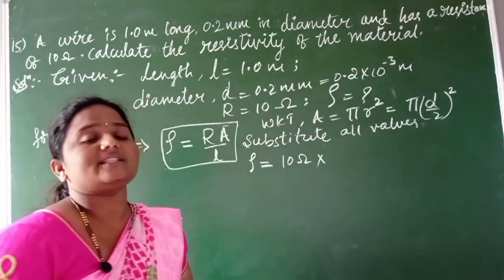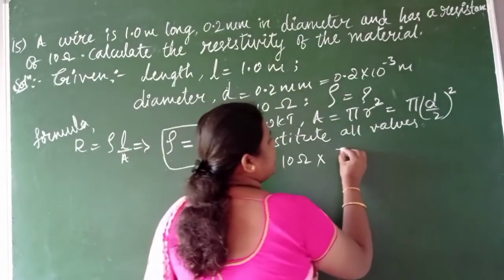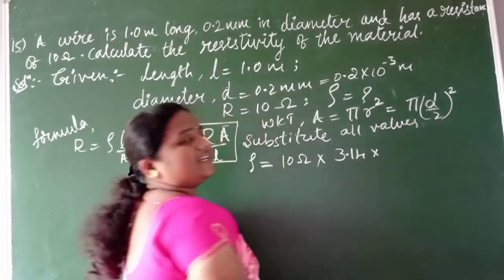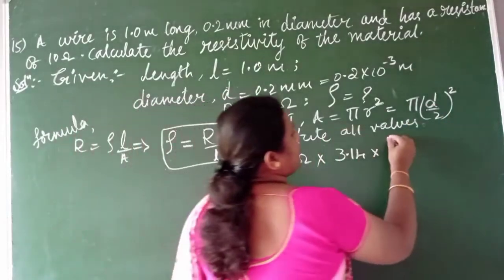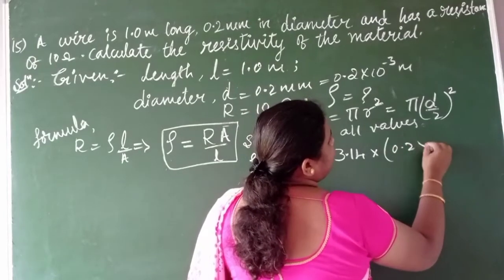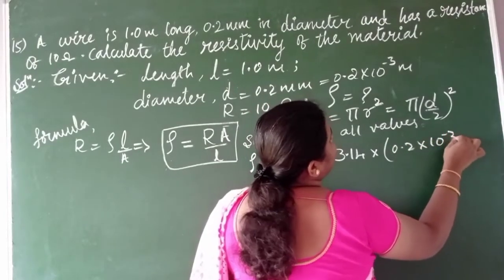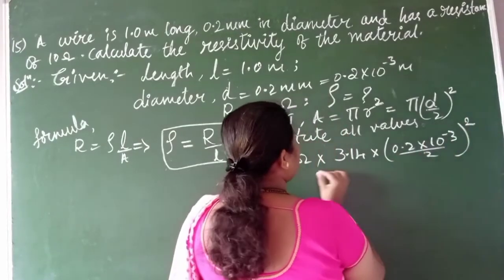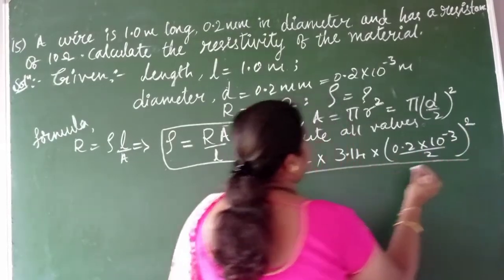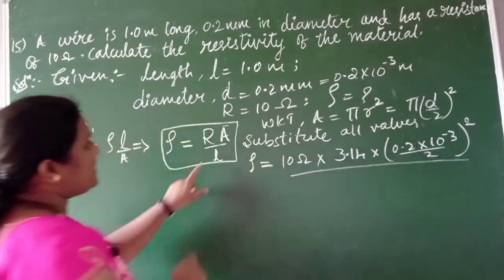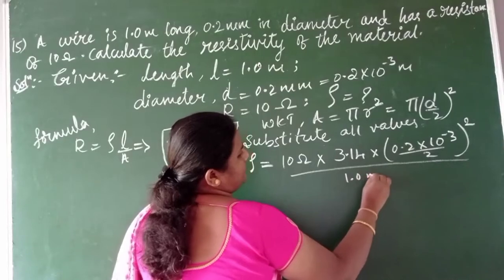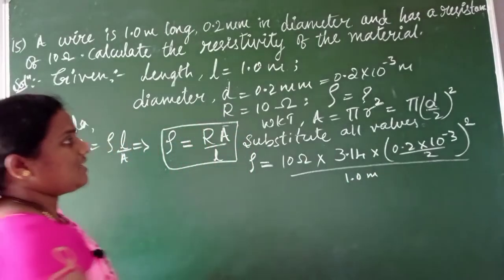It can also be written as 3.14. 3.14 into, what is the D value? 0.2 into 10 to the power of minus 3 divided by 2, and whole square. And this is all divided by, what is the L value, children? 1 meter. Isn't it?